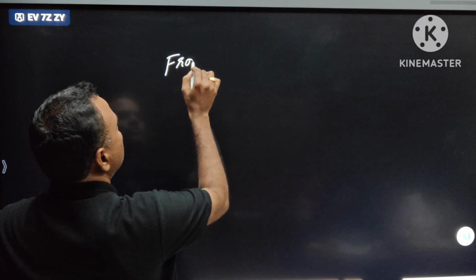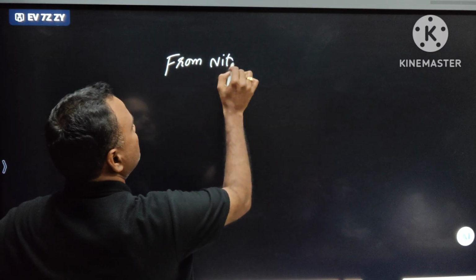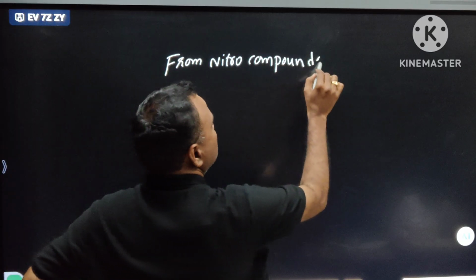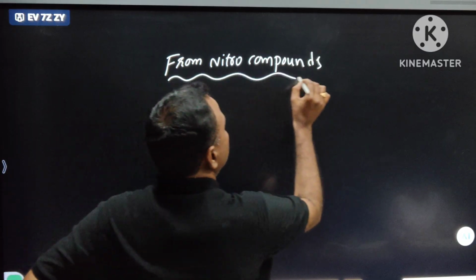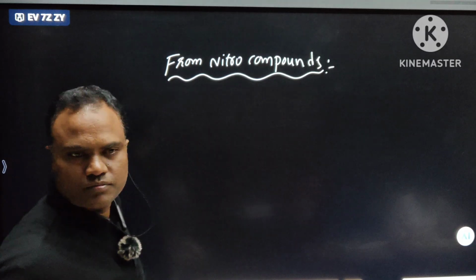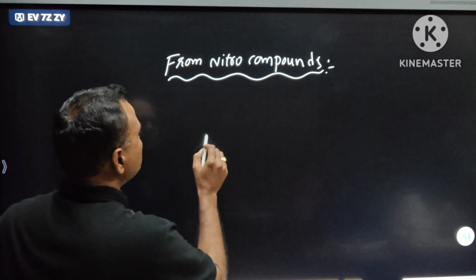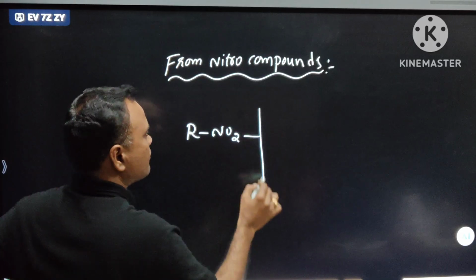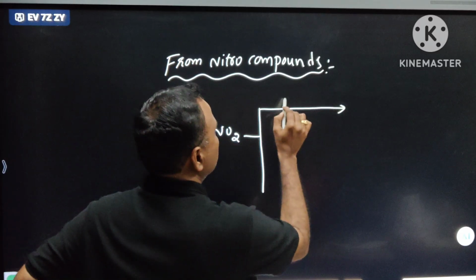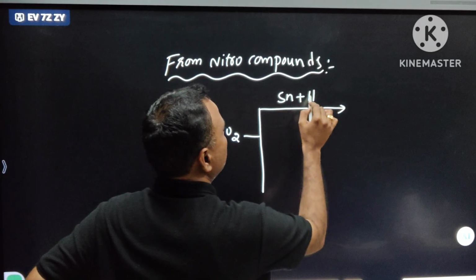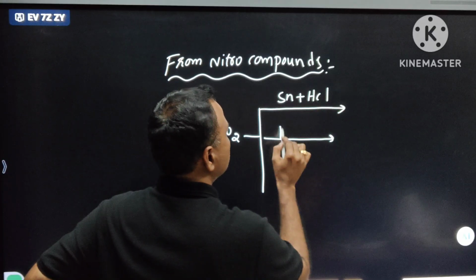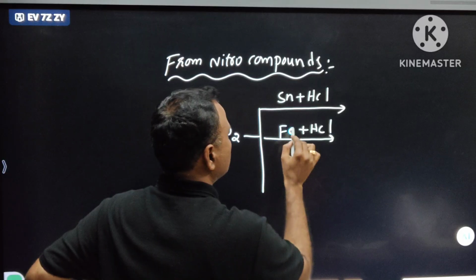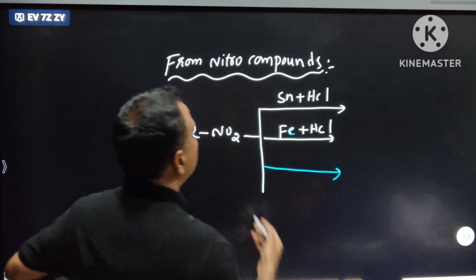Preparation of amines from nitro compounds: metal plus acid combination. You can continue.